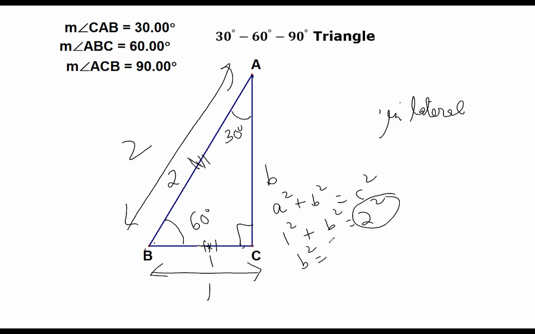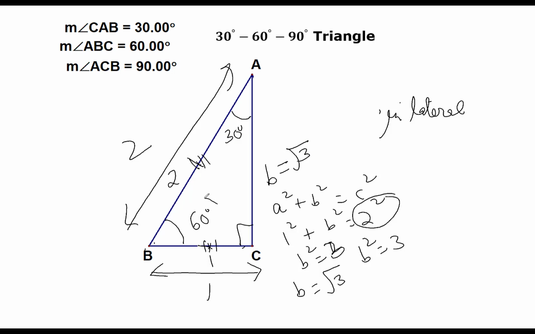When you take 1 to the other side, 4 minus 1 is 3, so once again b square is 3. Now the length will be the positive square root of 3. So this becomes the positive square root of 3.